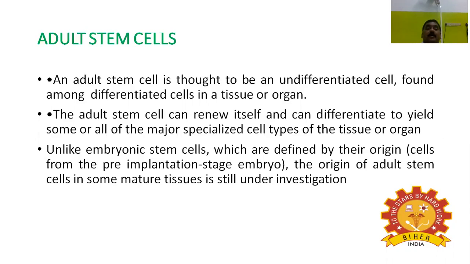Unlike the embryonic stem cells, which are defined by their origin, the cells from the pre-implantation stage embryo, the origin of adult stem cells in some mature tissues is still under investigation.